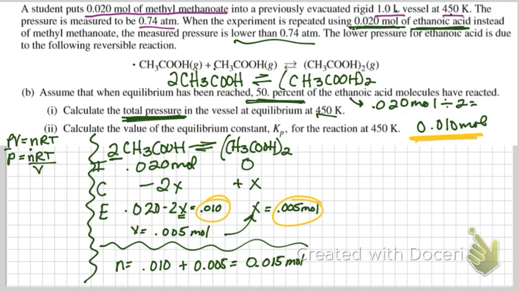All right, so now I know total number of moles, so we can go ahead and plug that into our ideal gas law equation. So, number of moles, 0.015.